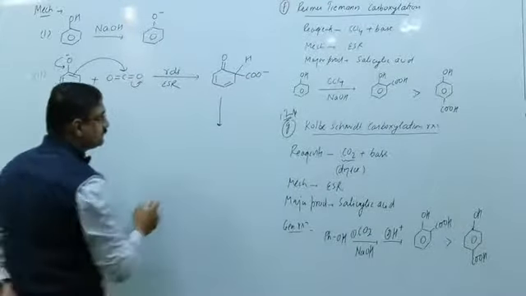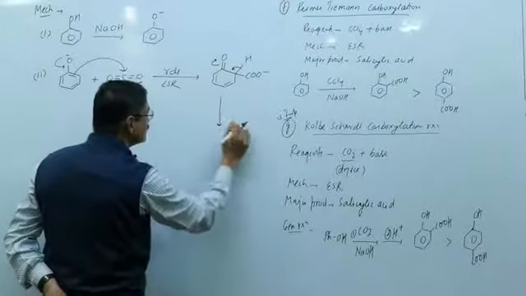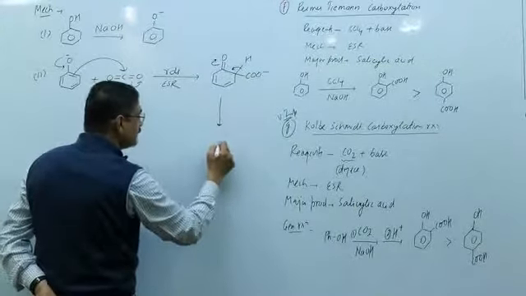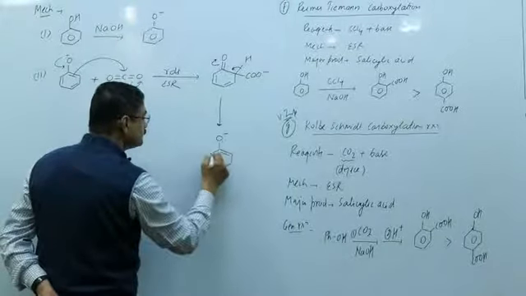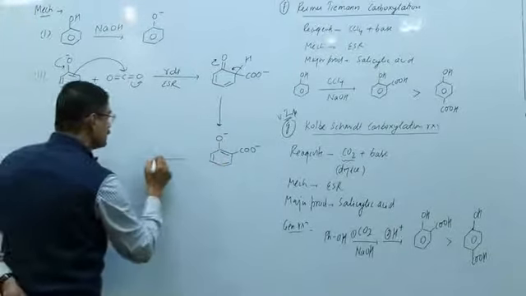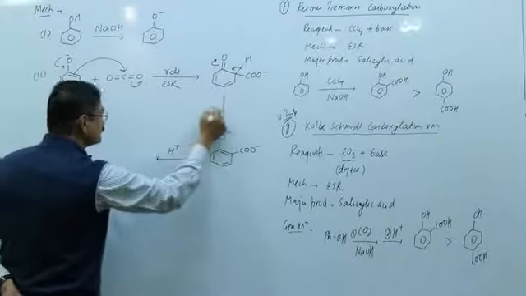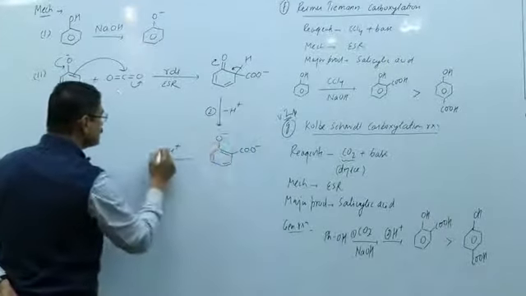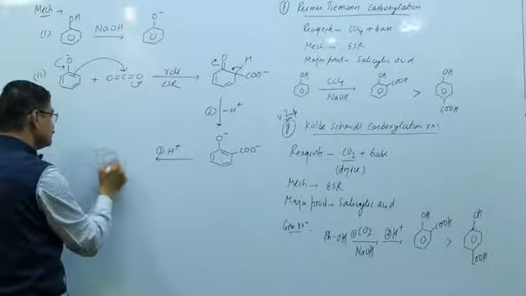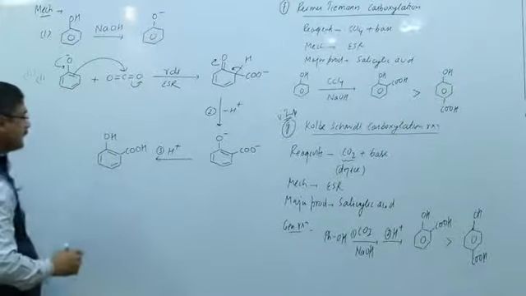This intermediate is formed. Again the removal of H converts it into an aromatic compound, and after hydrolysis or acidification, we finally get the neutral product, that is salicylic acid.